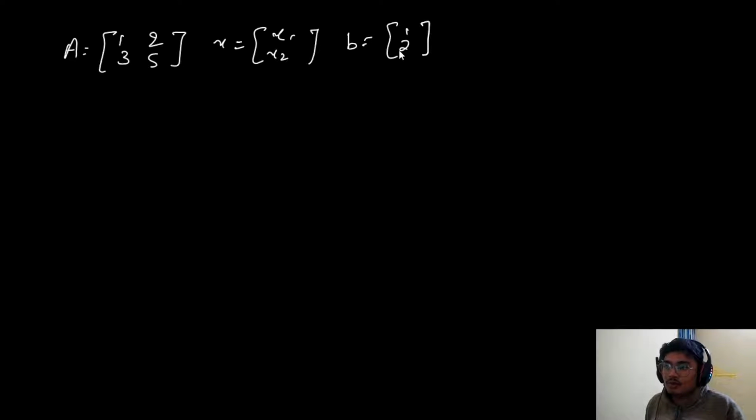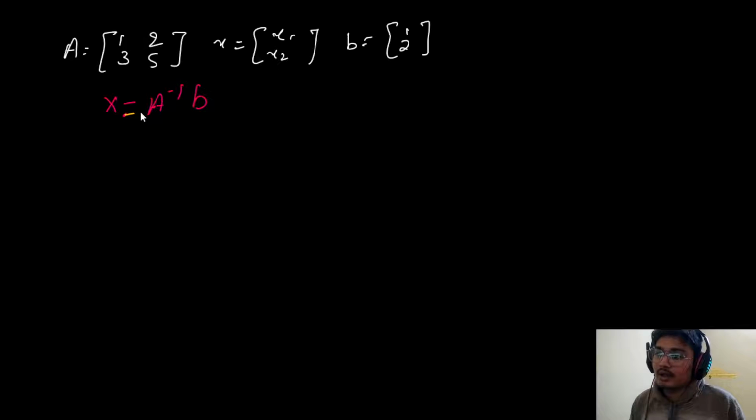Now I'm telling you a trick to find the A inverse very easily. We have to find X equals A inverse B, for which we need the A inverse of a 2 cross 2 matrix.